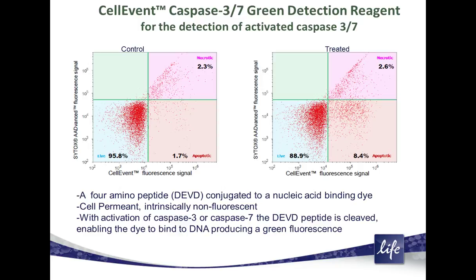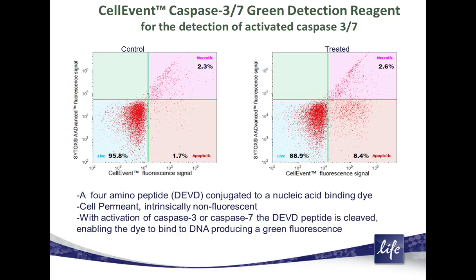This reagent consists of a 4-amino acid peptide conjugated to a nucleic acid binding dye. This cell-permeant substrate is intrinsically non-fluorescent. After activation of caspase 3 or caspase 7, the peptide is cleaved, enabling the dye to bind to DNA and produce a bright fluorescent signal.